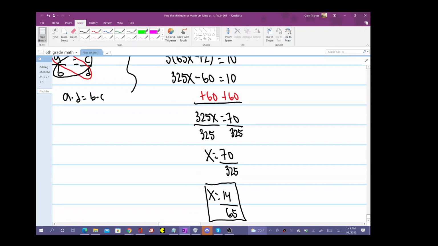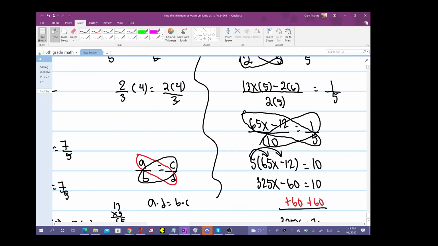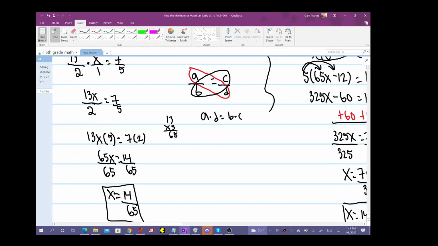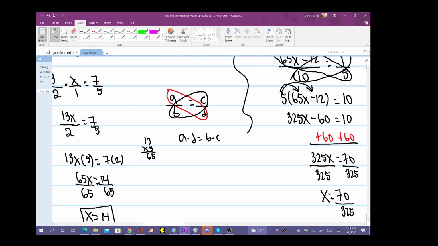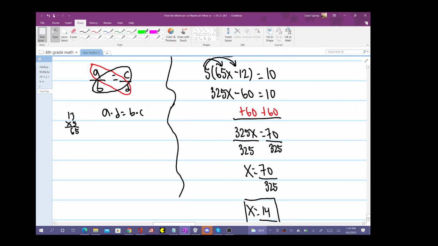So this is the other method that you can use. Depending on what method works best for you is the method that you can do. But those are two different ways in which you can do this problem.